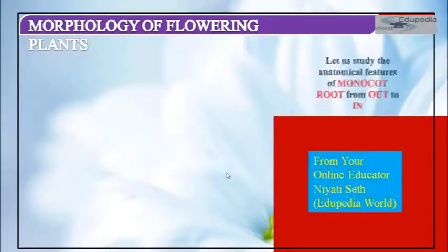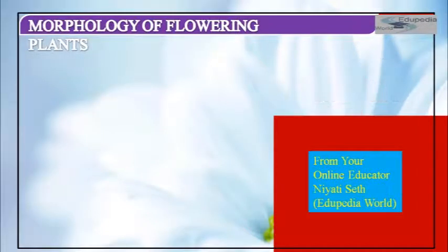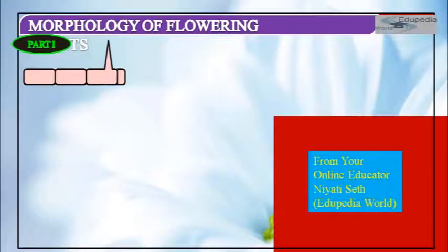Let us study the anatomical features of monocot roots from out to in, as we studied in dicot root. What is this? This is epiblemma, as I have taught you earlier in dicot roots, and it contains long unicellular hairs.